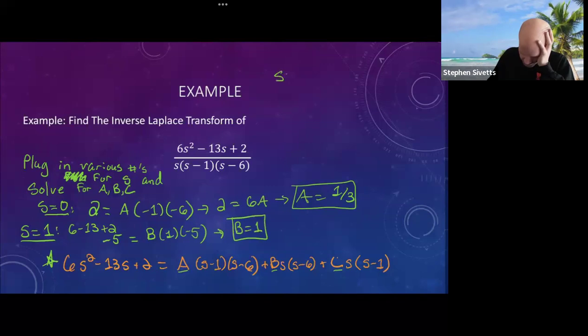And one more. So if s is equal to 6, that's another good choice. So if s is 6, the left-hand side would be 216 minus 78 plus 2. And this would equal, so the A and the B terms will cancel, and we'll have C times 6 times 5.